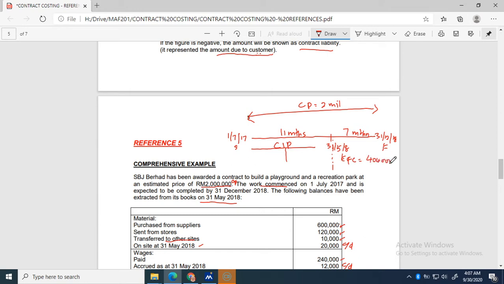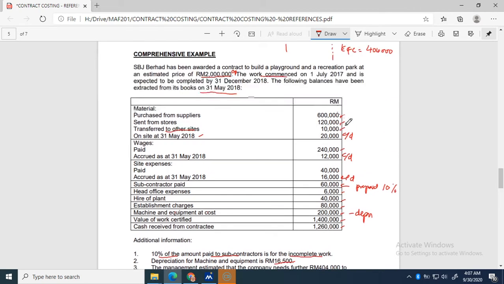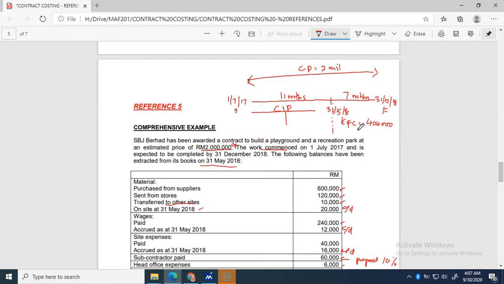And then we have rectification cost, the cost you have to rectify after the project is completed. If there is damage, you have to rectify. The cost is 80,000, at the end of the project, so it should be future cost.